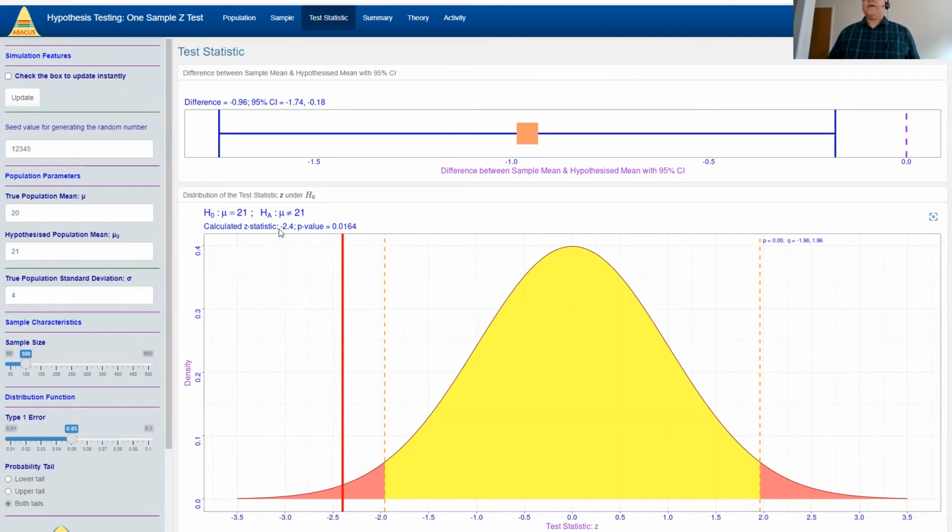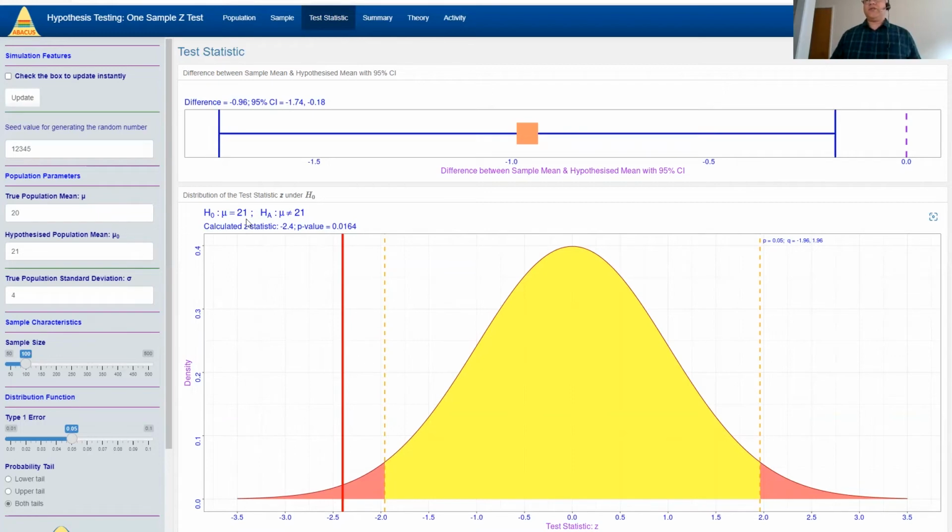Then, as we have already shown in step 6, the test statistic follows a normal distribution, which is this curve. And now the most important step is the final step: where does my observed test statistic lie? This minus 2.4 is that vertical red line.